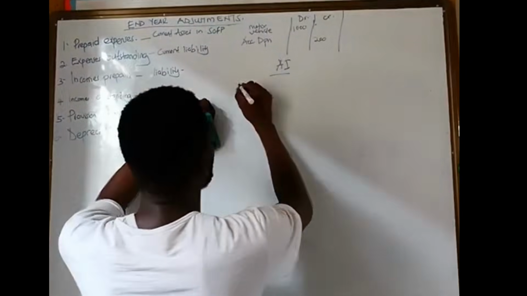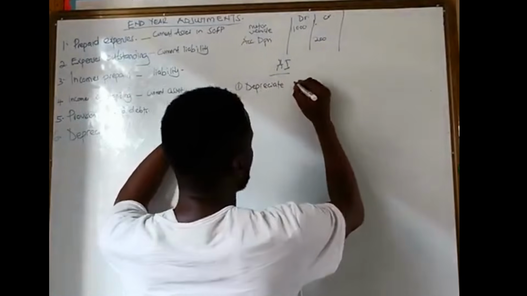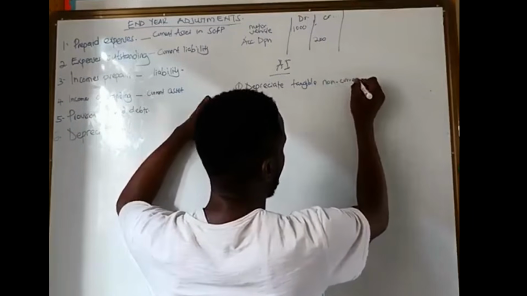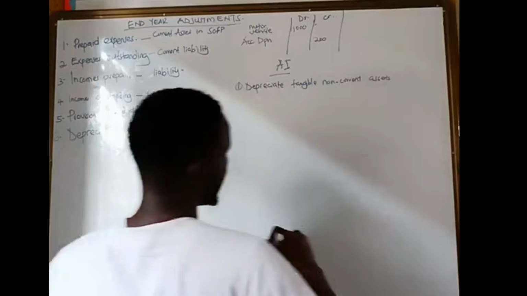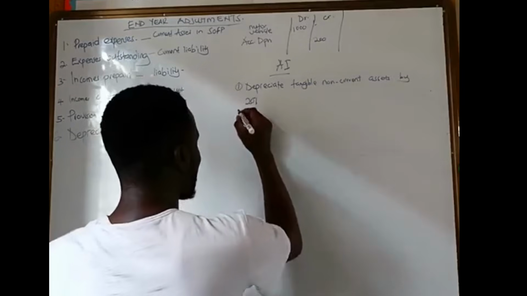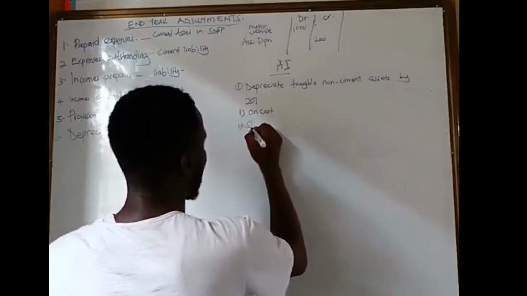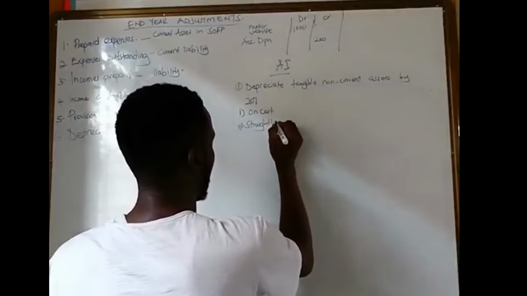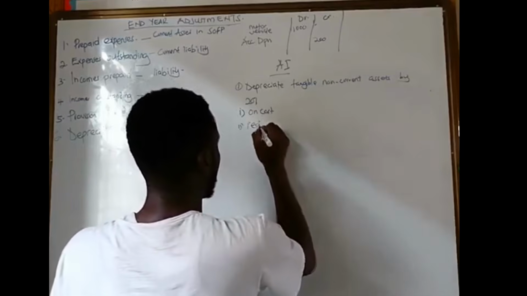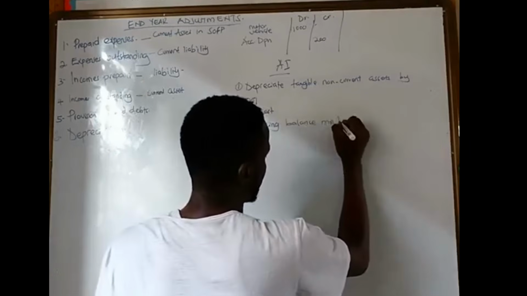And they tell you one is depreciate tangible non-current assets by, let me say 20%, one, on cost, and two, reducing balance method.